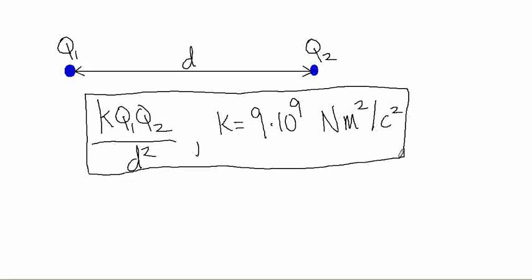Don't use Coulomb's law for directions. Only use it for magnitudes. With that caveat, let's do some examples.